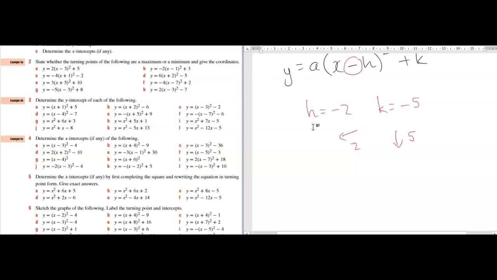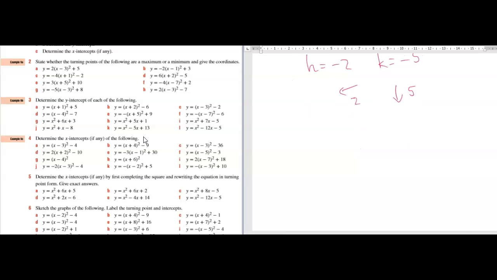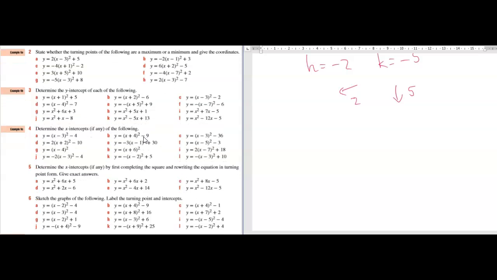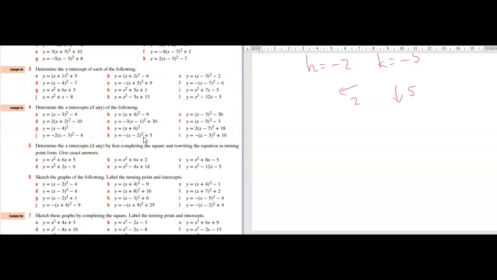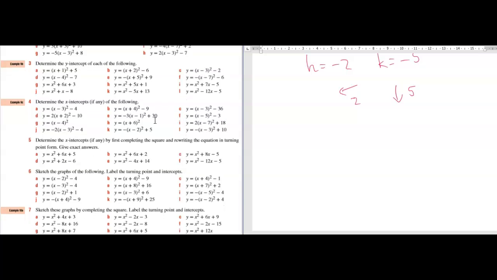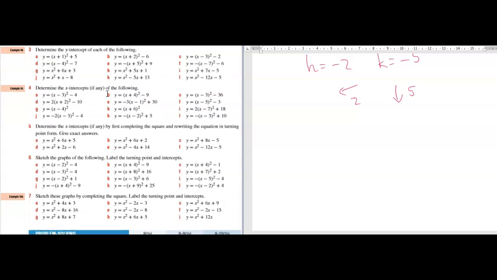Okay, let's have a look at doing some more questions before we get trampled on by some other students. Determine the y-intercept of each of the following. In question 1, we let x equal 0. Yes, x equals 0 for your y-intercept, so you should be fine with that. The x-intercepts, now it says if any, so I might just tell you when we're not going to get x-intercepts.